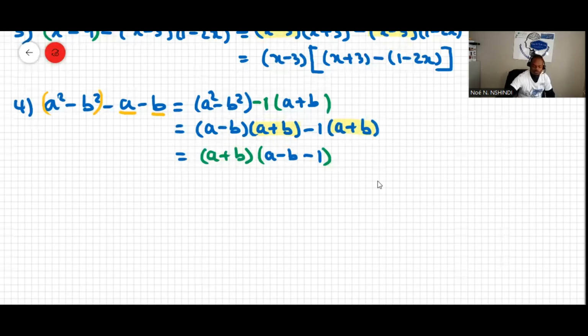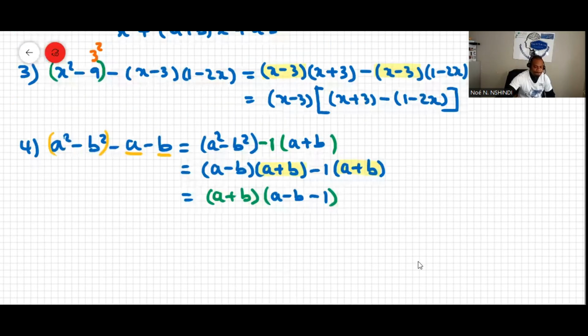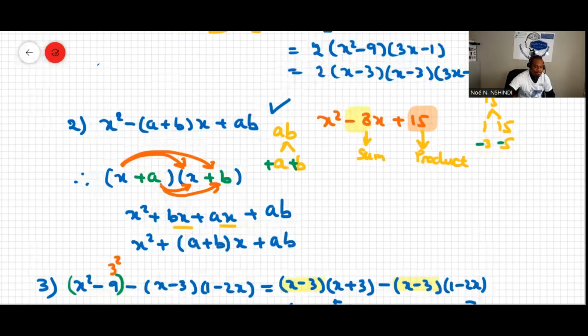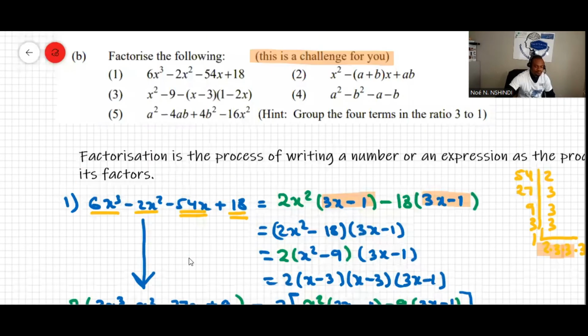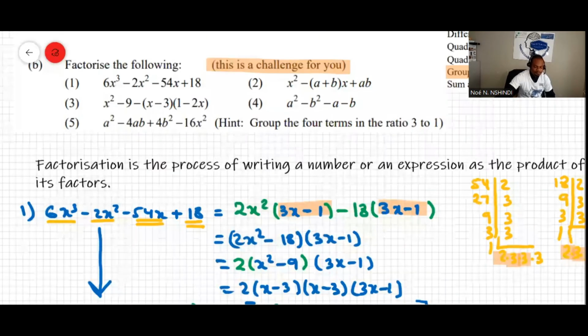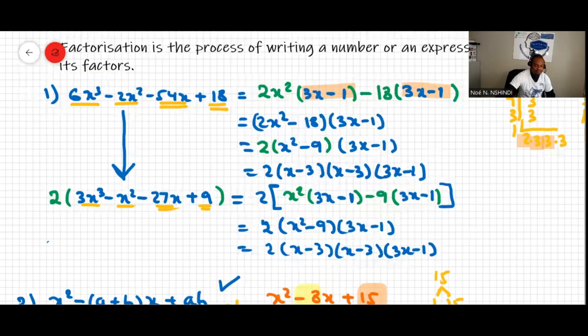And then we can also do question 5. Question 5 says a squared minus 4ab plus 4b squared minus 16x squared. And then here group the 4 terms in the ratio of 3 to 1. Okay.